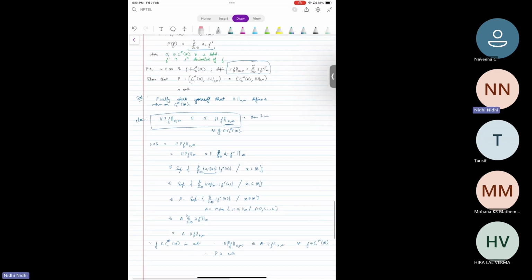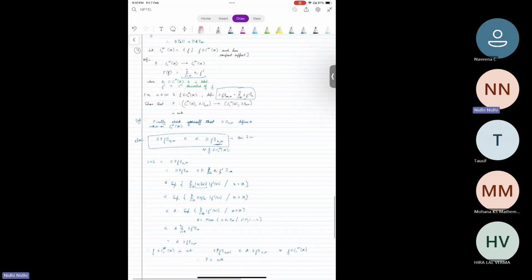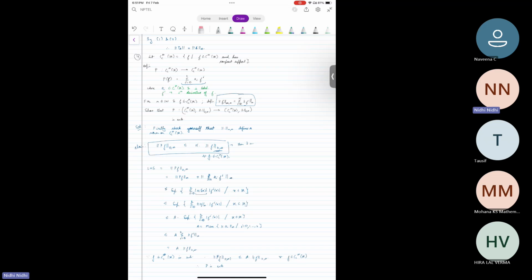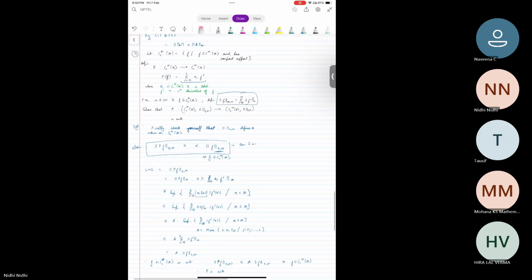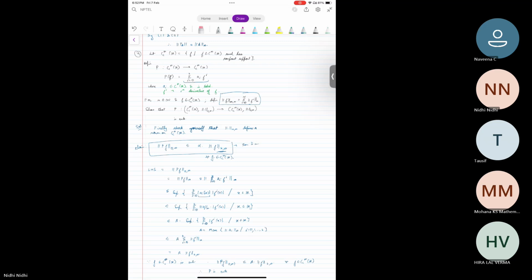All we need to take care of is the definition of the norm and the linear transformation, how it is defined. The fact that the functions have compact support and are infinitely differentiable, that means they are smooth functions, is helping us to prove that this transformation P is a bounded linear operator and hence continuous.